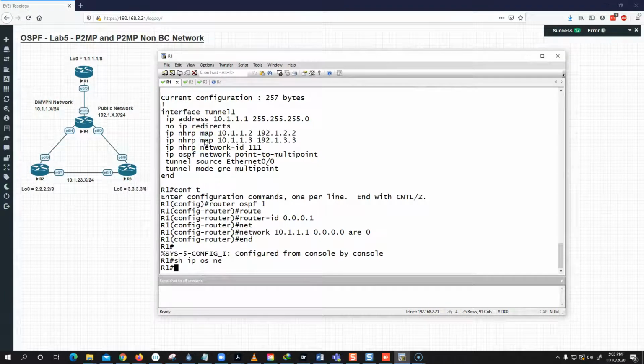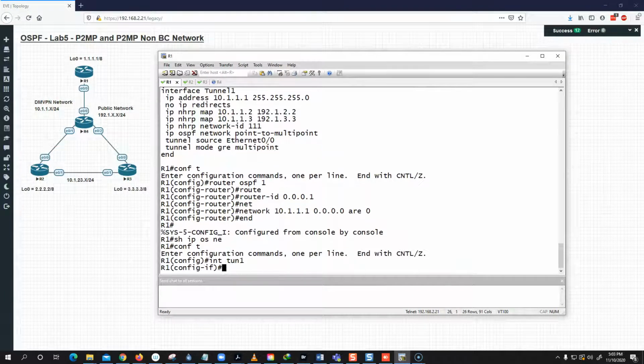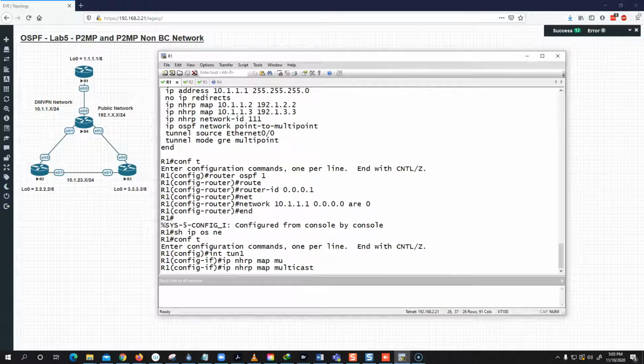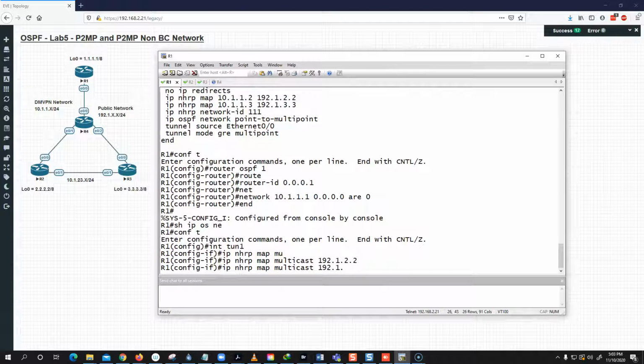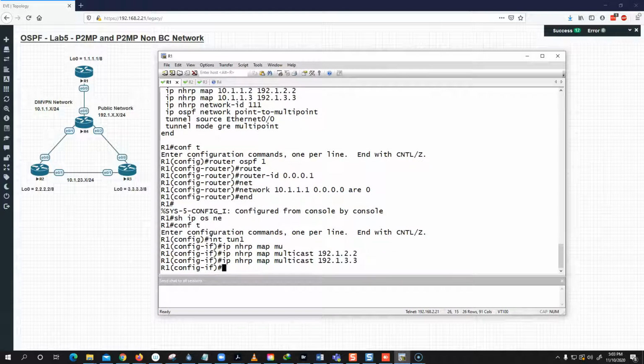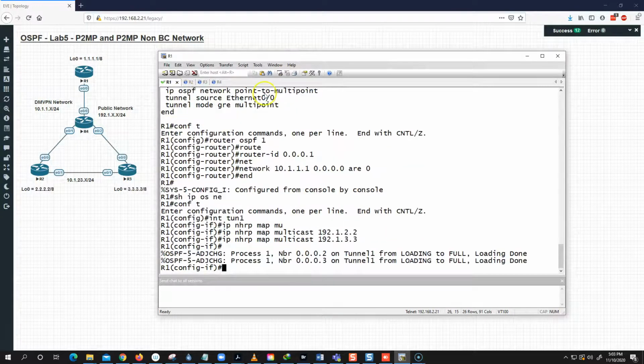So what we need to do is go into our tunnel and map our two clients, or two spoke sites, to this router. I think I have 3.3, right? Yeah, that is fine. So I have this address.